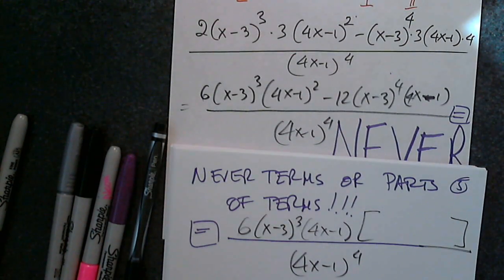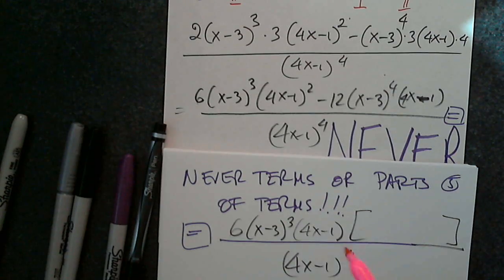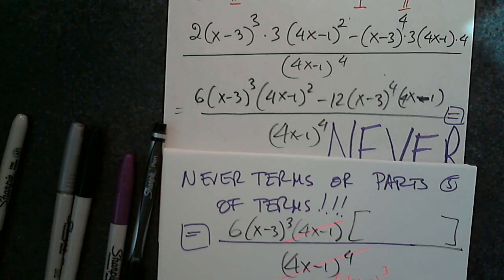Now when I ask you, can I simplify a 4x minus 1 from the top with one from the denominator, what will you say? Why yes this time? Because 4x minus 1 at this time is, exactly, a factor.